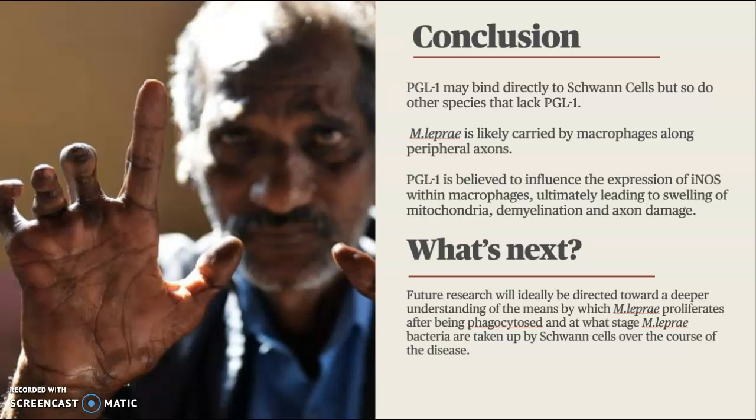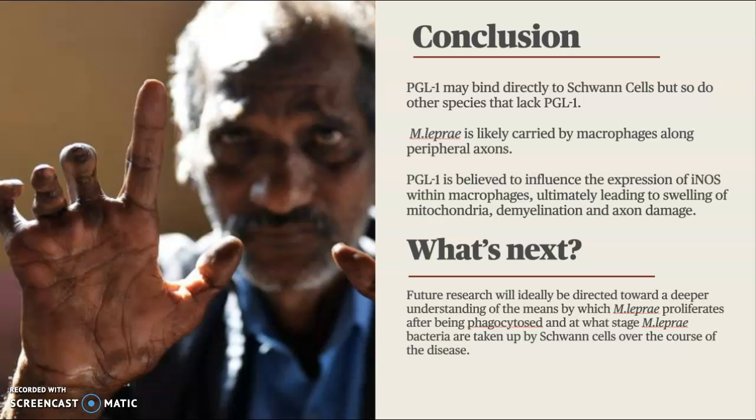Some conclusions that were drawn from her study and also from my research paper is that PGL-1 may bind directly to Schwann cells, but so do other species of bacteria that lack PGL-1. It's not unique for M. leprae to be capable of binding directly to Schwann cells. But her research did answer the question of how M. leprae arrives at these peripheral axons to begin with.